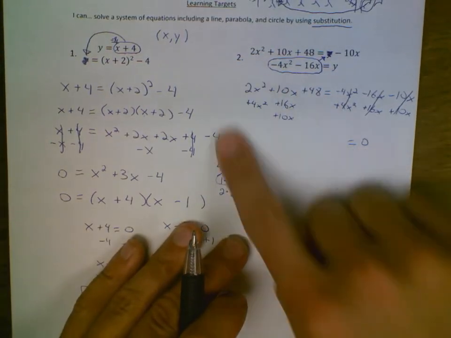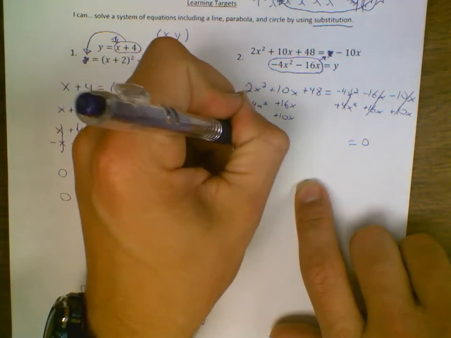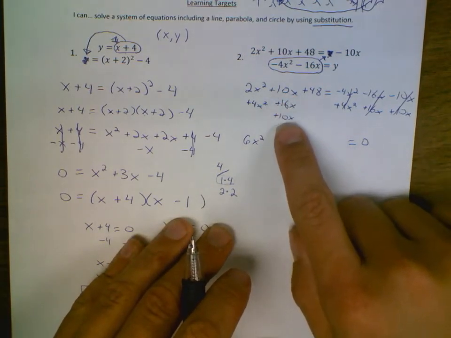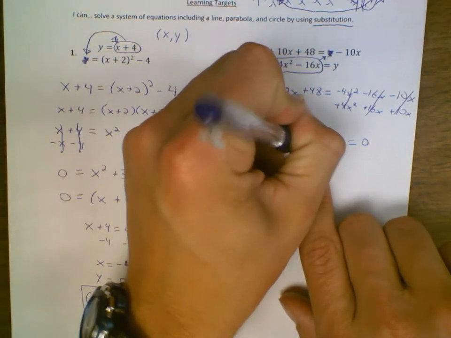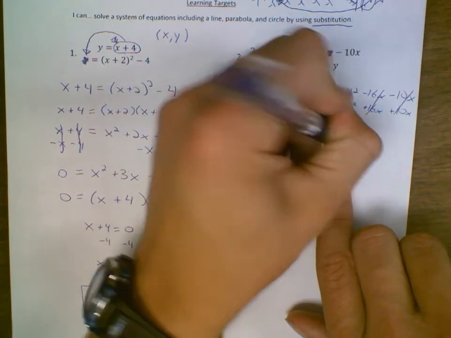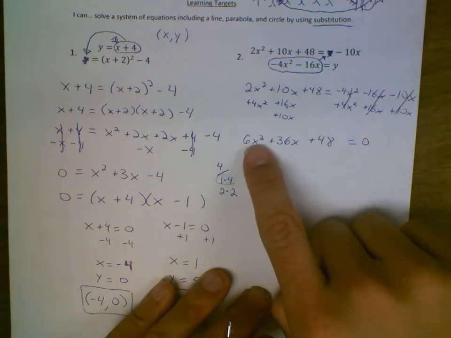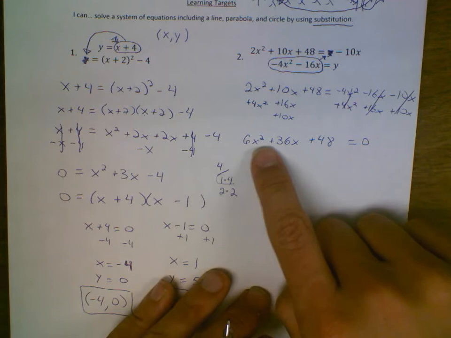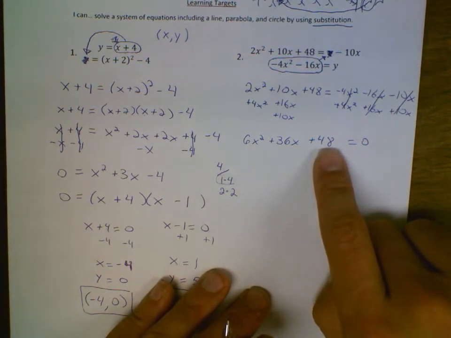Then I'm going to simplify this side. Well, 2x squared plus 4x squared is 6x squared. 10x plus 10x plus 16 is 36x. And then I have 48 equals 0. Now, obviously, I'm working with big numbers here, but I noticed that each number, 6, 36, and 48, is divisible by 6.